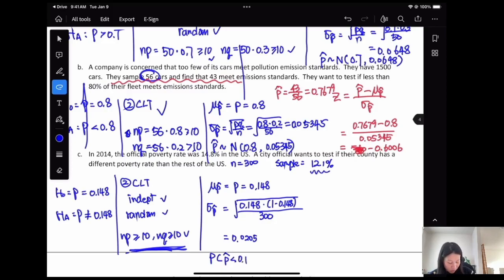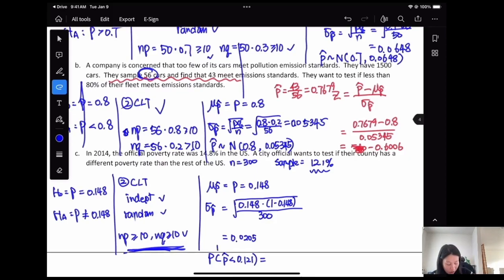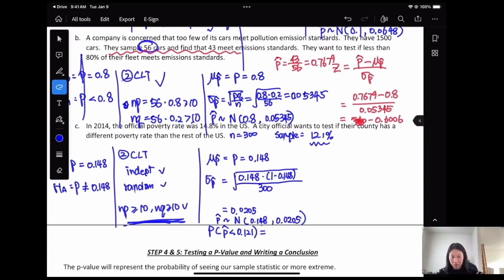All right. And then we want the probability of p hat less than 12.1%, which is 0.121, is equal to what? So remember that our p hat is going to follow a normal distribution with mu 0.148 and sigma p hat 0.0205, and we try to find out what this is equal to.